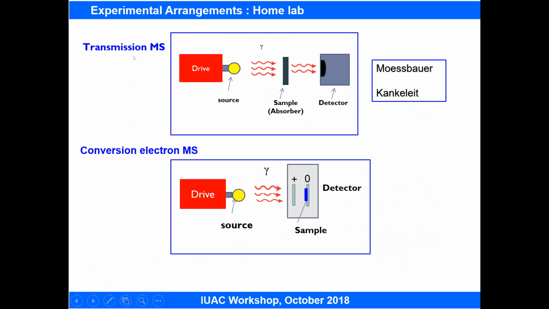In a transmission mode, you have a sample and a detector here, a proportional counter or a pin diode. The source is mounted on the drive, which is then supplied with either a sinusoidal wave or a sawtooth waveform to give you a linear change in velocity.